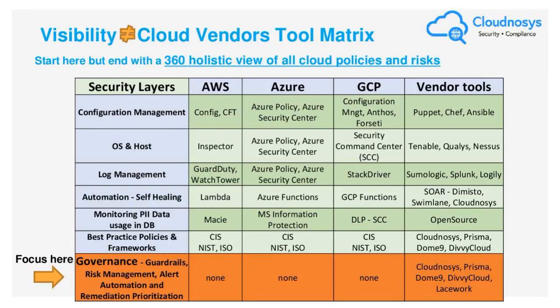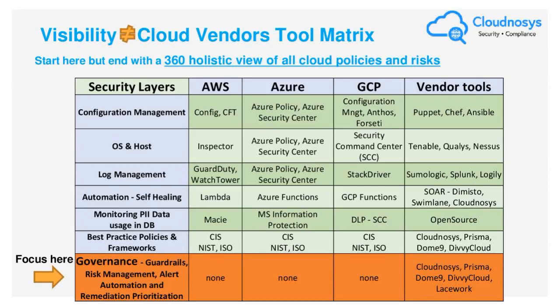None of the cloud vendors themselves actually provide any tooling for this. They do provide guidance. They do provide components like Lambda and Config and so on. But you have to put all that together, and you have to manage that together, okay? Or you can invest in some third-party commercial tools, like ours. CloudNeus is one of them, or Prisma, or Dome9, or DivvyCloud, and Lacework, which are also fairly popular tools that are used for this layer.